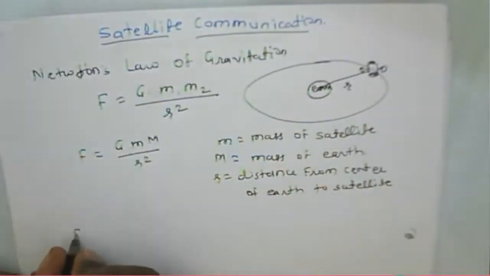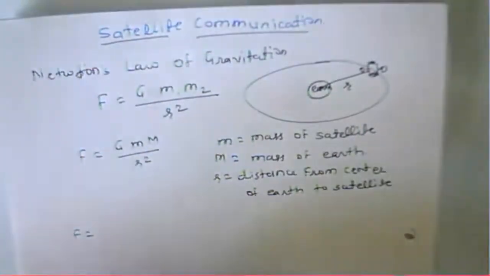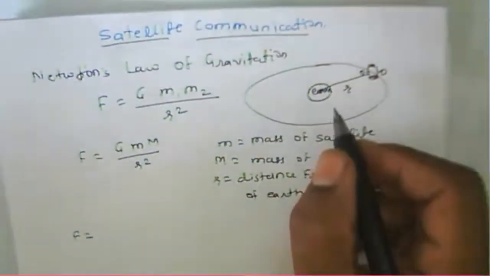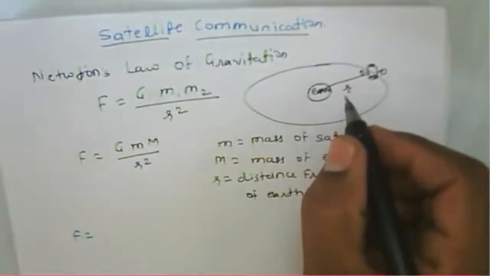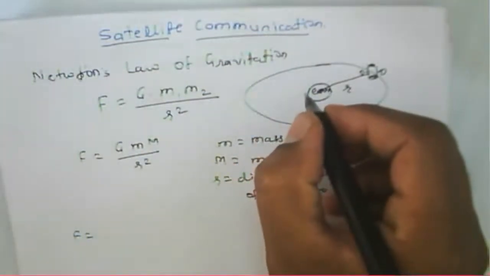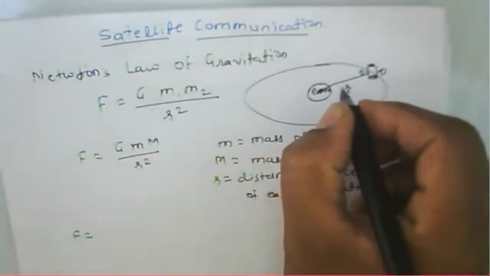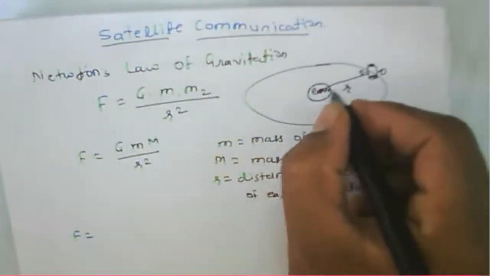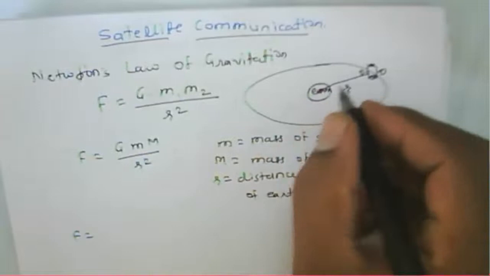Because the satellite has some particular mass and is pulled toward the center of the earth, there will be a force acting on that satellite so that it moves toward the center of the earth.